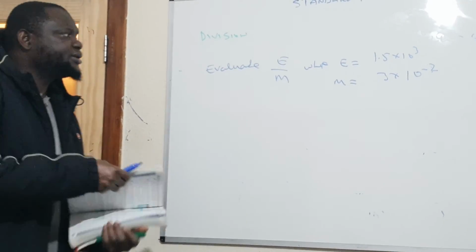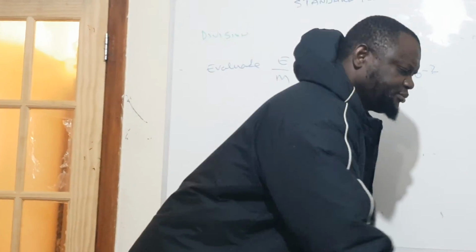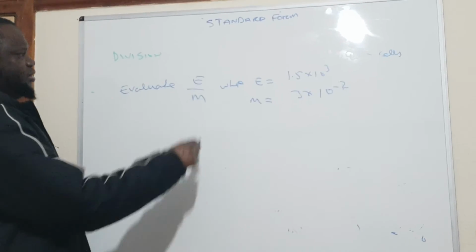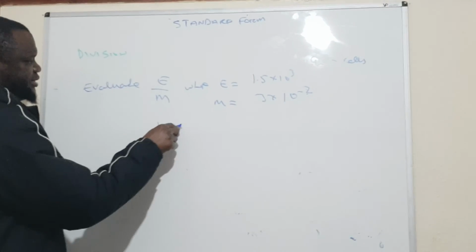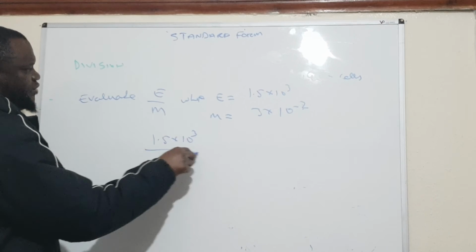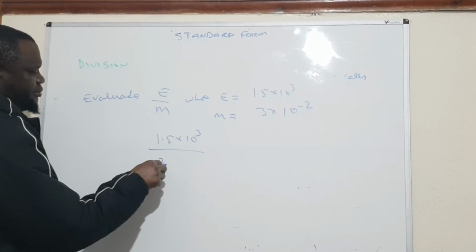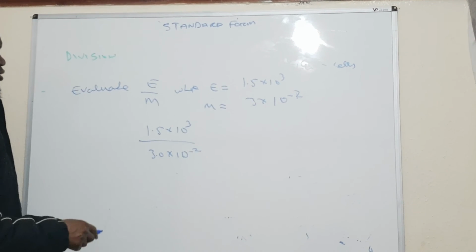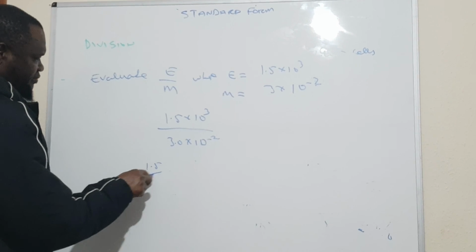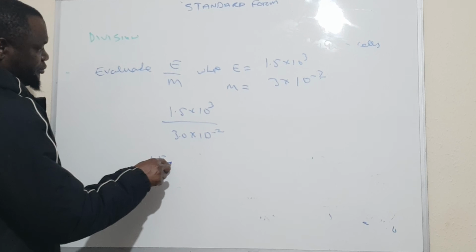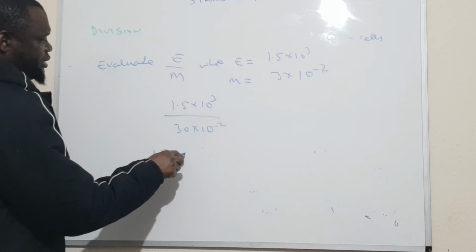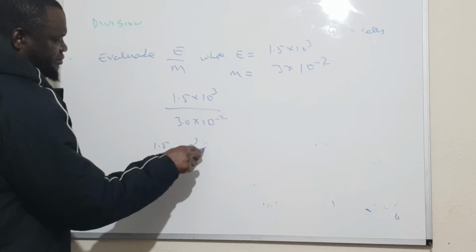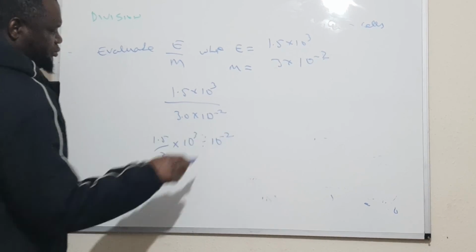Evaluate E over M. You just substitute in it. Okay, E is 1.5 times 10 to the power 3 over M is 3.0 times 10 to the power minus 2. So basically this is 1.5 divided by 3 times 10 to the power 3 divided by 10 to the power minus 2.